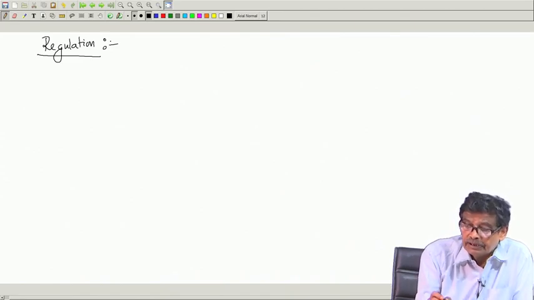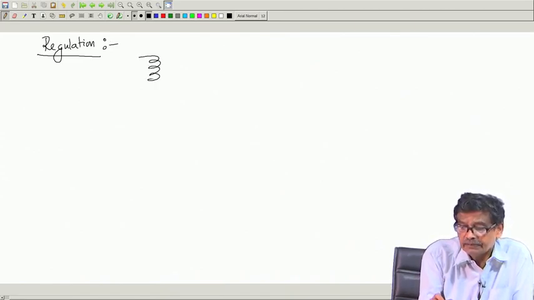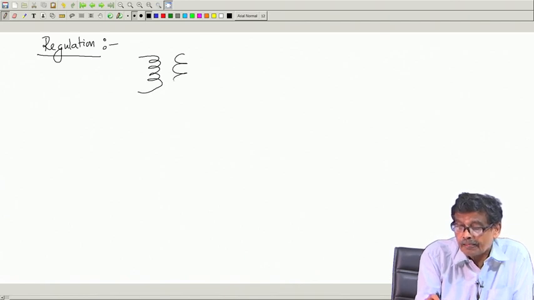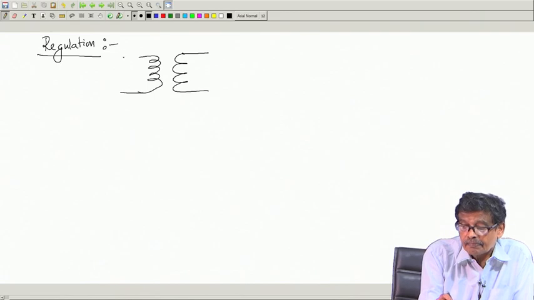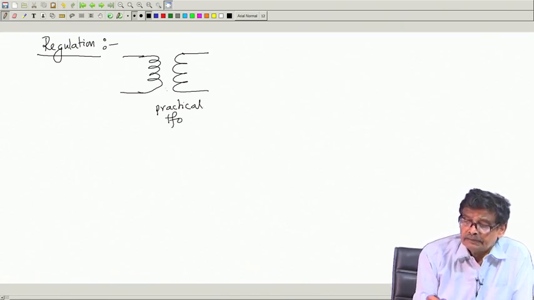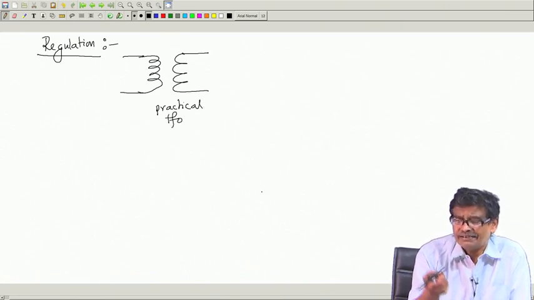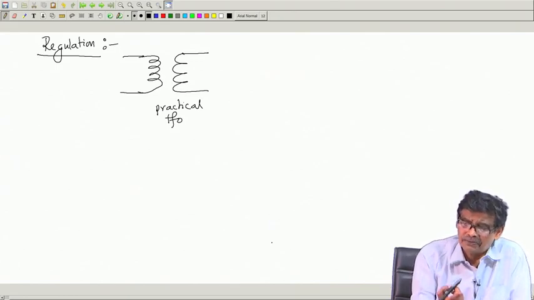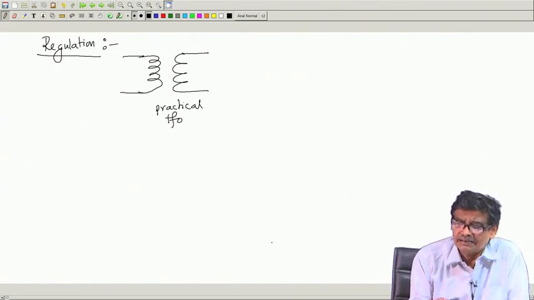We know that the transformer has got internal impedance. This is a practical transformer, that is, the winding has resistance, there will be leakage flux, R1, X1, magnetizing impedance, all things will be there.